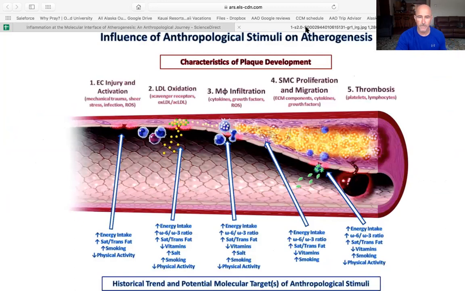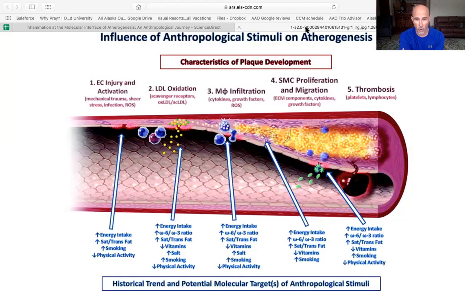Now, understand that to the left is a normal artery. And as life progresses and we're exposed to these risk factors at the bottom, and by the way, read those risk factors.